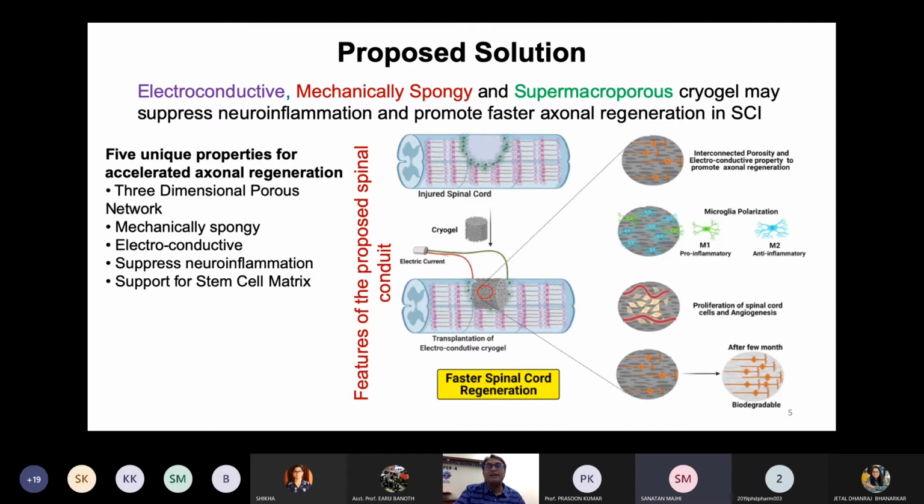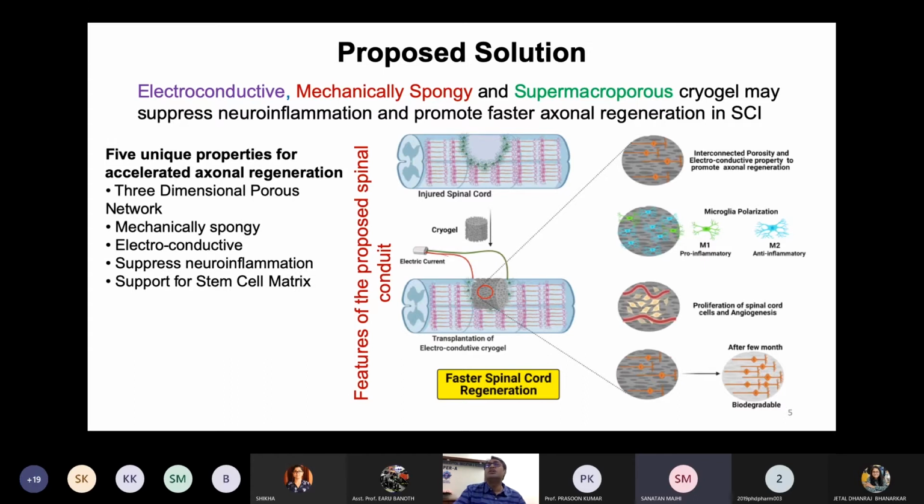We wanted to tune our material in such a way that it can provide a mechanically spongy material with electric conductivity. Of course, there is quite a rationale for why we wanted electric conductivity as well. And with all these material properties together, what we wanted is to be able to suppress the neuroinflammation.